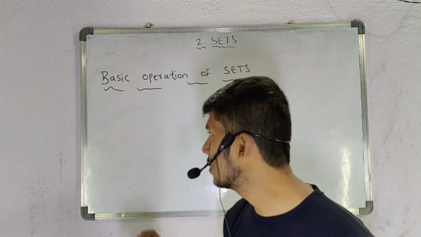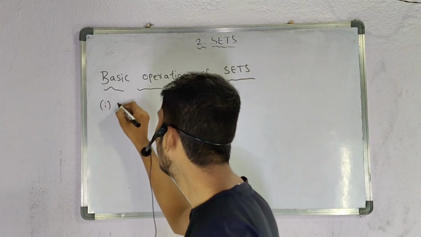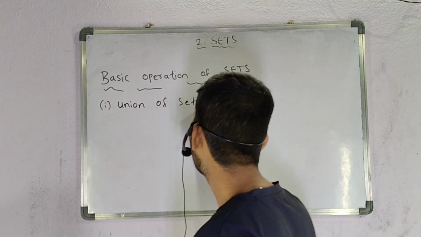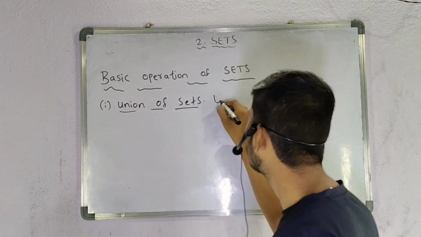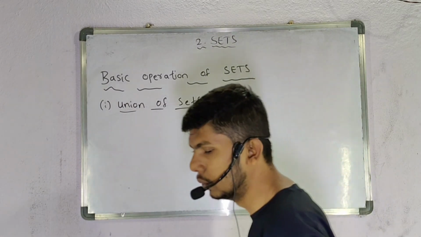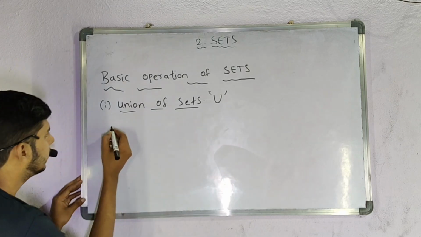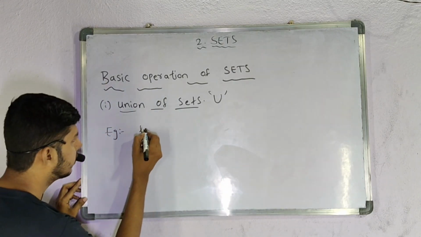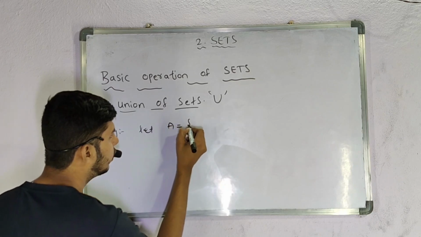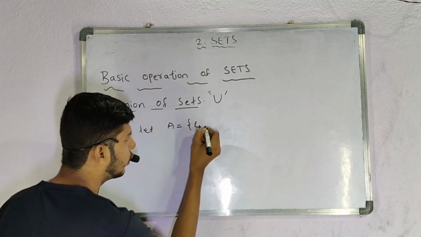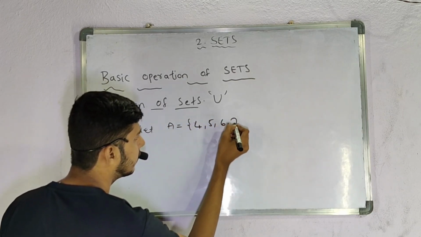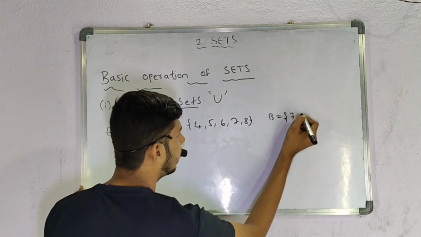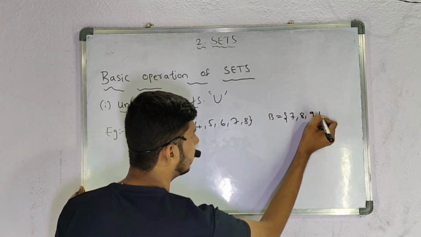Now first we are going to learn about union of sets. Union of sets is represented by the union symbol, that is U. For understanding purposes, take one example. Let A equal to the set 4 5 6 7 8, and the B set is 7 8 9 10.